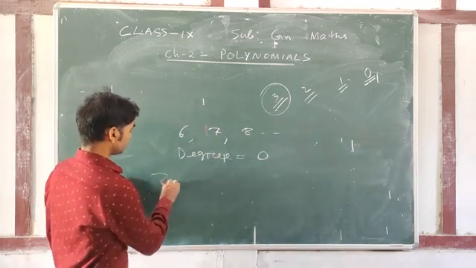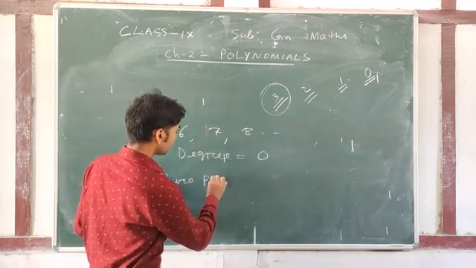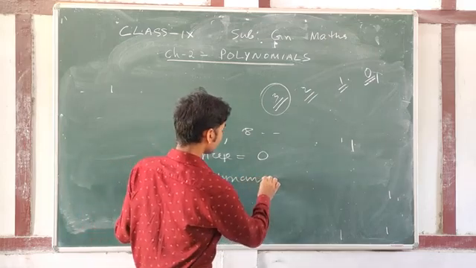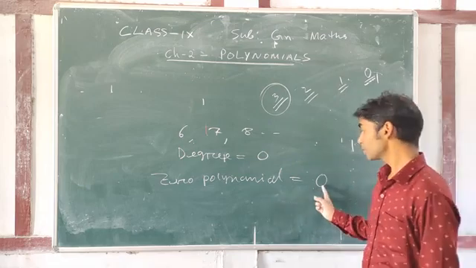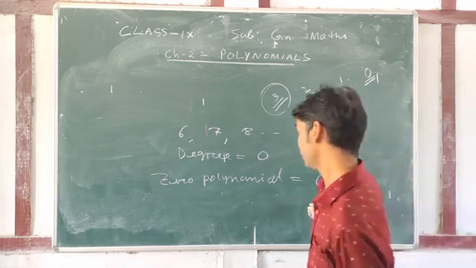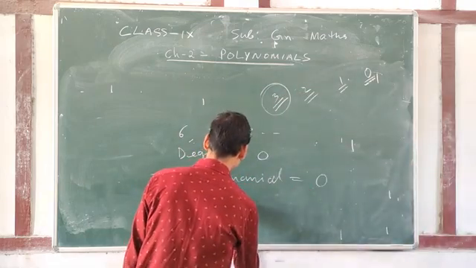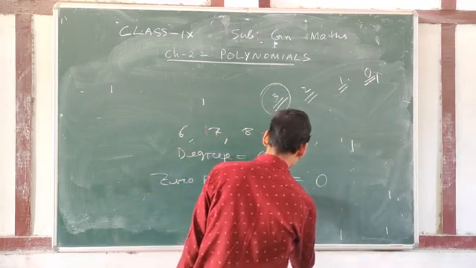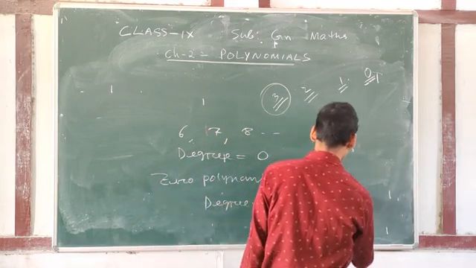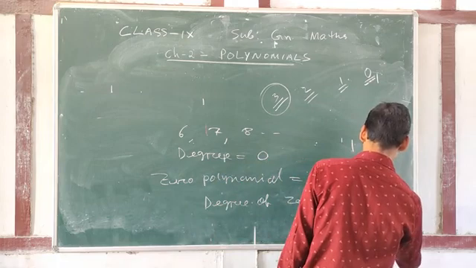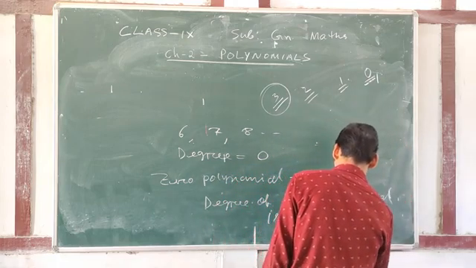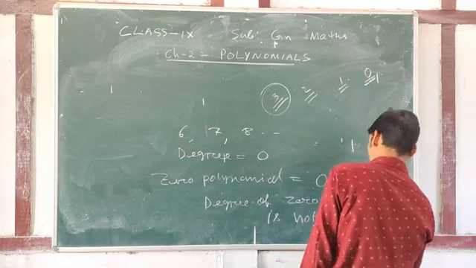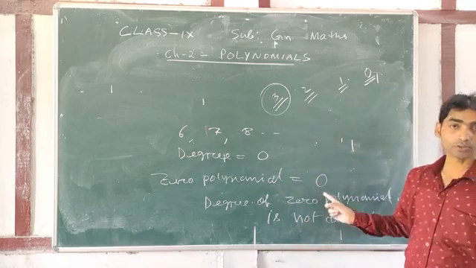Then the zero polynomial. What is the zero polynomial? The zero polynomial is 0, and the degree of the zero polynomial is not defined.